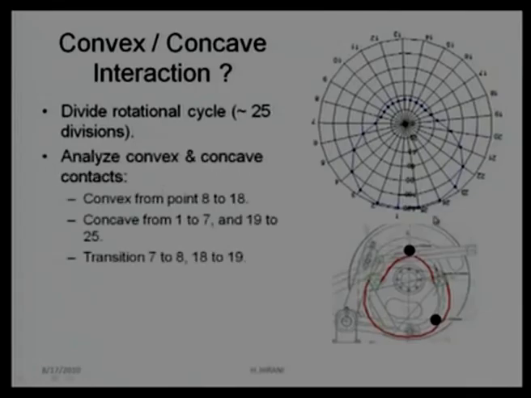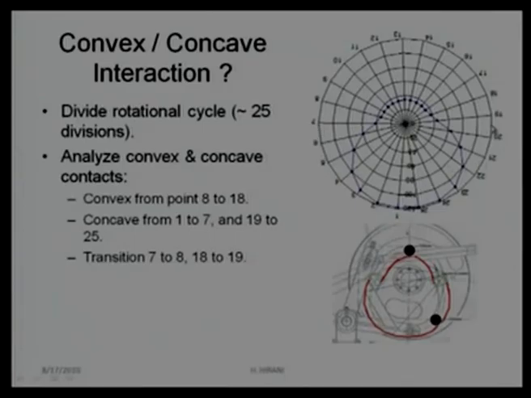And if I do a proper numbering, convex-convex contact occurs from point 8 to 18. So, this is point 8, 9, 10, 11, 12 up to 18. If I keep a follower on top of that, from 8 to 18 this is a convex-convex interface. From point 1 to 7, the starting point suppose is here, that is a concave shape.